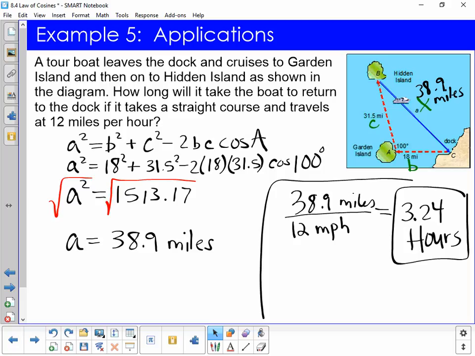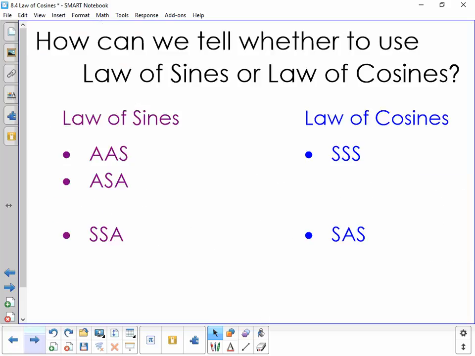Okay, the last thing I wanted to talk about is sometimes it can be difficult to tell whether to use law of sines or law of cosines. And there's a bunch of letters here that tell you which ones work with which law.